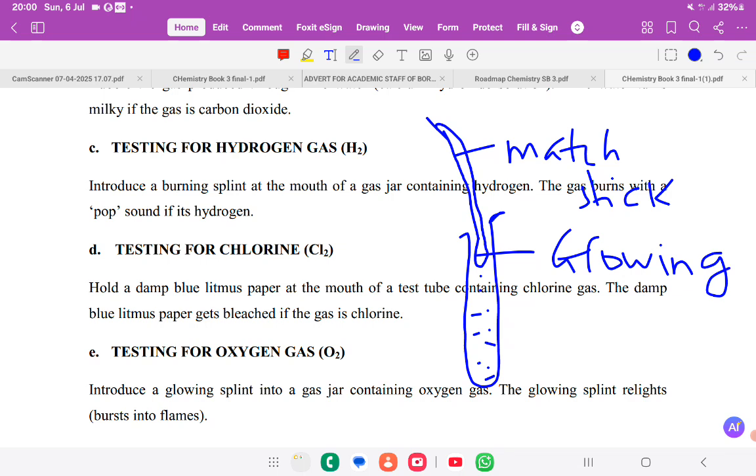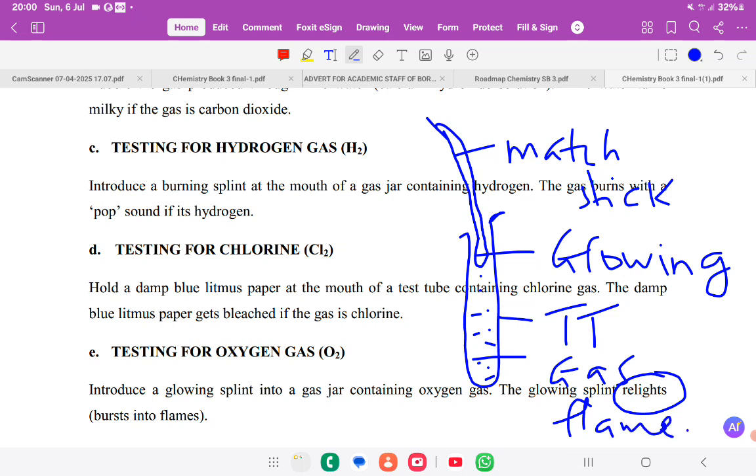So you light the matchstick, blow it off, immediately bring it to the mouth of the test tube. This is a test tube. This is the gas in it. So if the gas in the test tube is oxygen, the glowing matchstick is going to relight. In other words, it is going to produce a flame again.